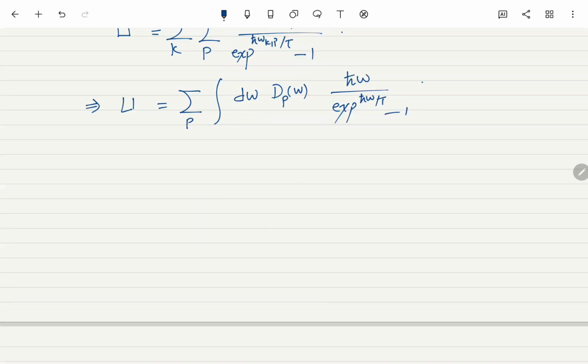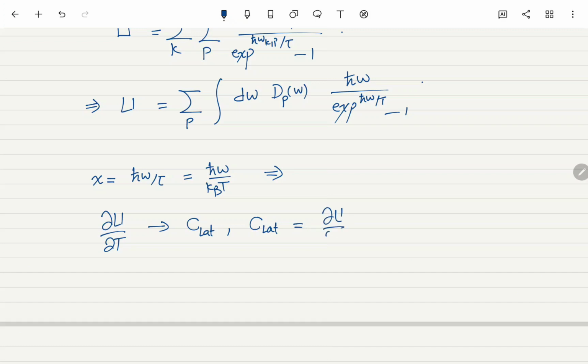If we assume that x equals h bar omega over tau, or h bar omega over kB T, then by finding partial U partial T, we will find C lattice. Remember, C lattice is equal to partial U partial T at constant V. In this case, this is U.